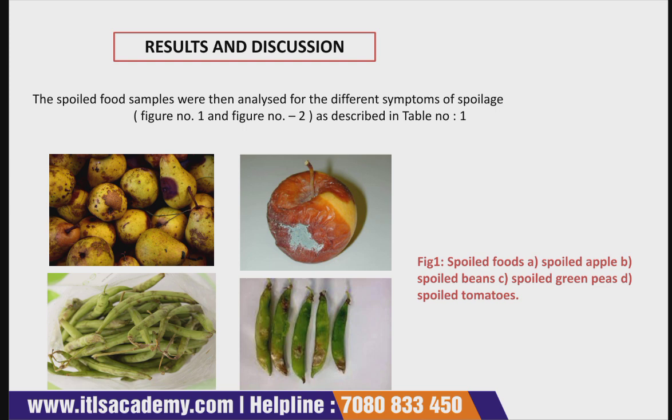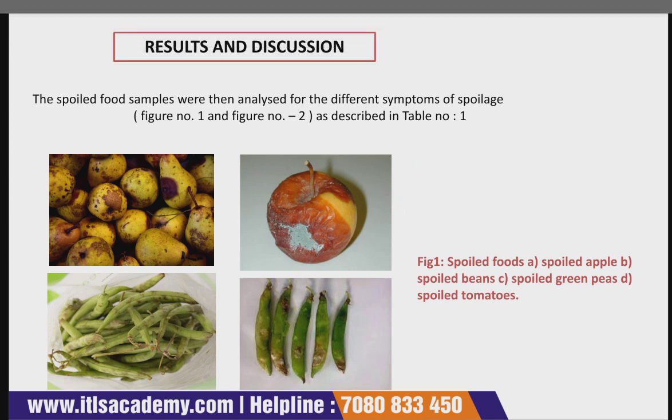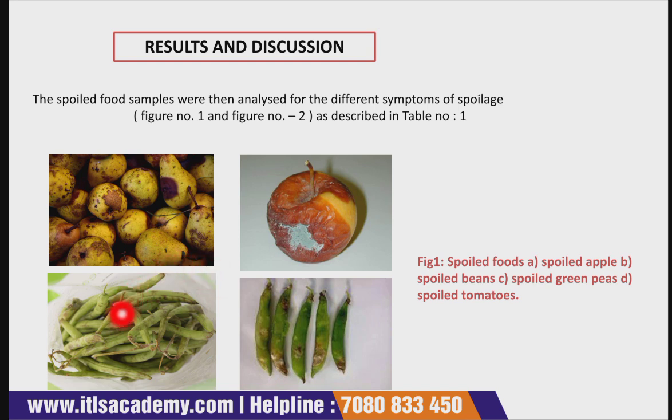The pear has patches of brown and black color, and these patches indicate that it is spoiled. Similar is the case with the apple. This area shows that the apple is unfit for consumption, and even the skin has become a little loose. Similar is the case with beans and peas. So this indicates that the food is spoiled.